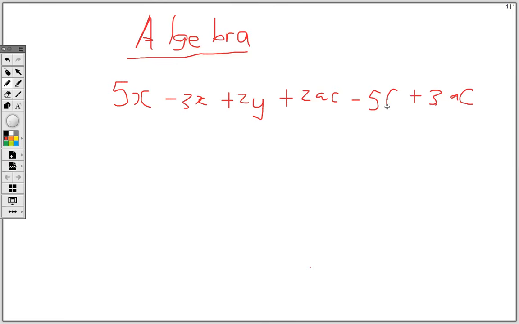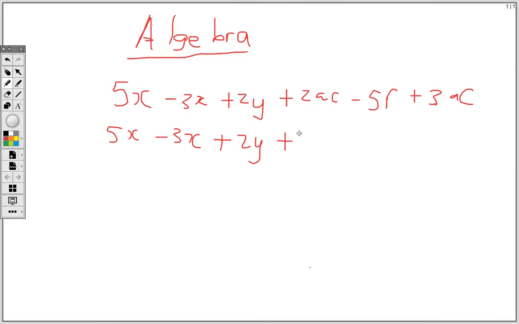Again, we are going to group like terms. This is already grouped together, so if you want to go ahead and simplify this, that's fine, but I will be just rewriting it. So I have 5x minus 3x. If you realize we don't have any other 2y, and that's okay, we just write it back as it is.